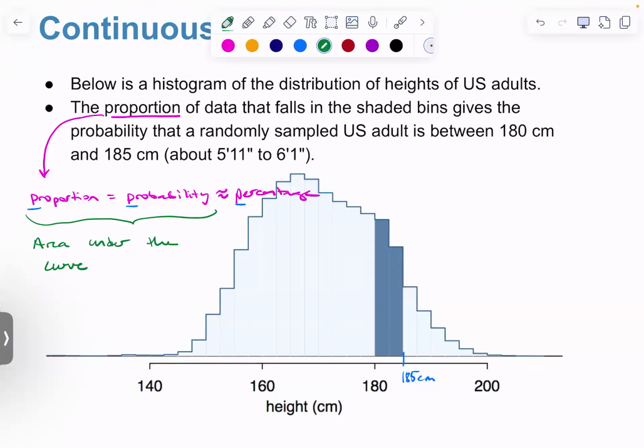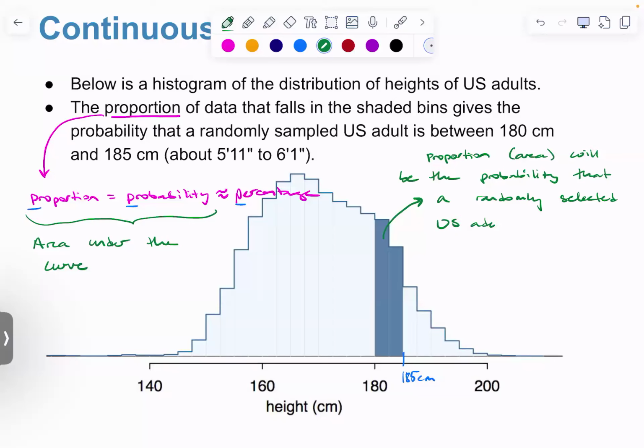So this area, or sorry, the proportion, or the area, will be the probability that a randomly selected US adult is between 180 and 185 centimeters. And so that's how we're going to talk about probabilities from here on out.